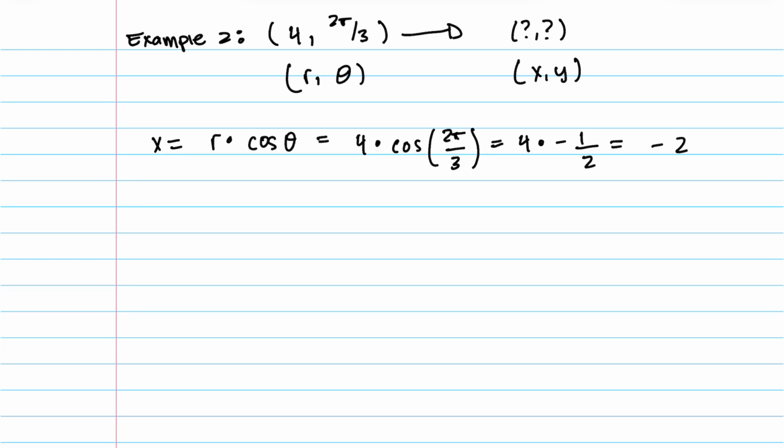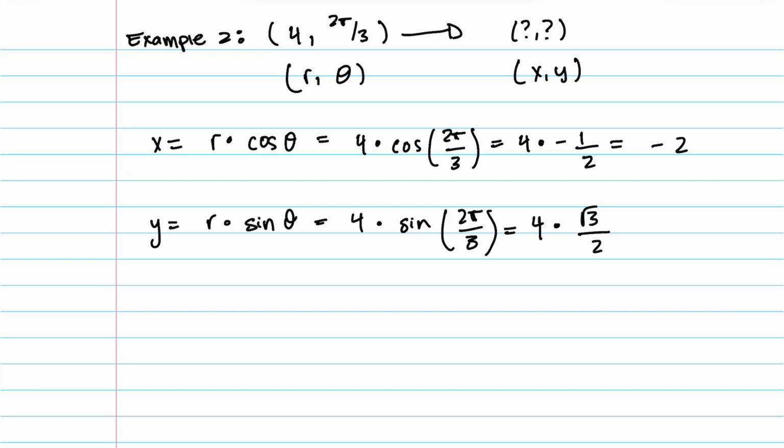So moving on to y. y is equal to r times sine of theta. You know r is 4, and you know that theta is 2 pi over 3. If you simplify this, you'll get 4 times sine of 2 pi over 3, which is just the square root of 3 over 2.